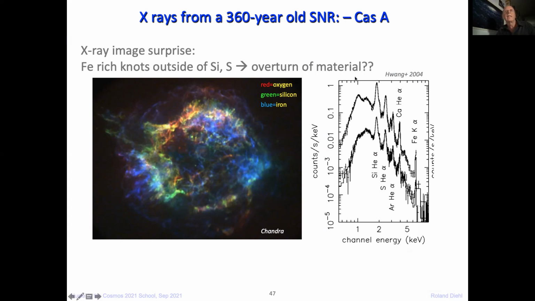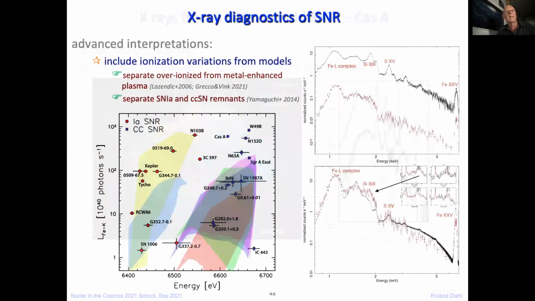Now, anyway, these are very interesting emission lines, and one can look, for example, at the abundance ratios of different species and find out how much iron you typically see in such a supernova remnant. And that is done with more sophisticated analysis in advanced interpretation, where you include the ionization variations, and that allows you to separate some over-ionized material from metal-enhanced plasma.